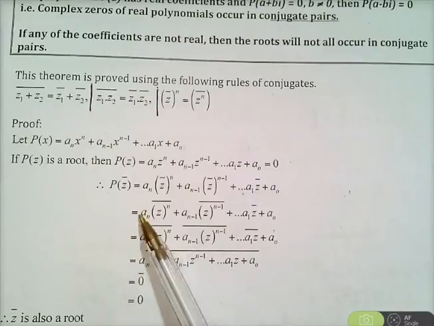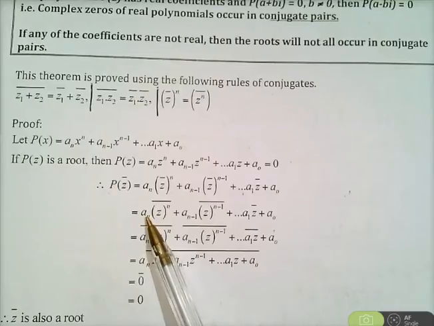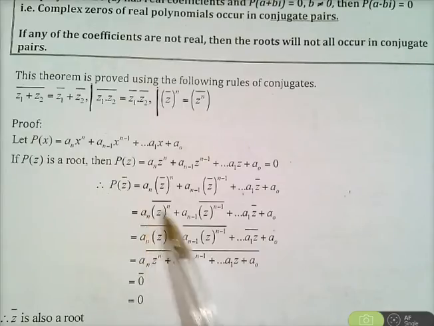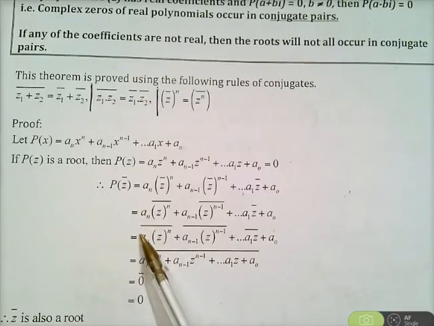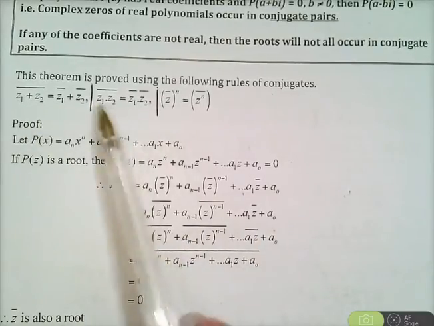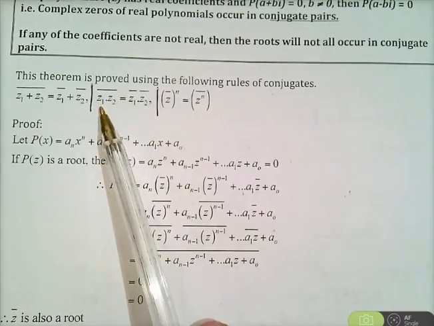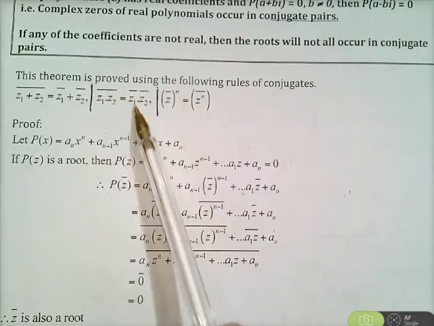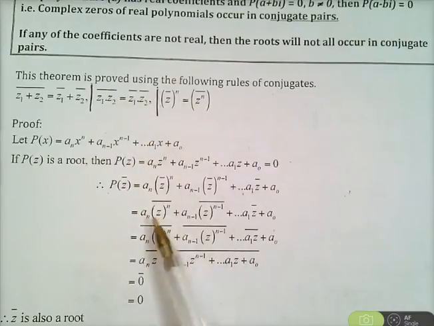Now, if you just multiply this by a constant, because we know our coefficients here are real, a real number times your power would just be the same as the conjugate of a sub n z to the power of n, etc. Now using this rule here, the conjugate of z1 times z2 is the conjugate of z1 times the conjugate of z2, so that's using that rule.